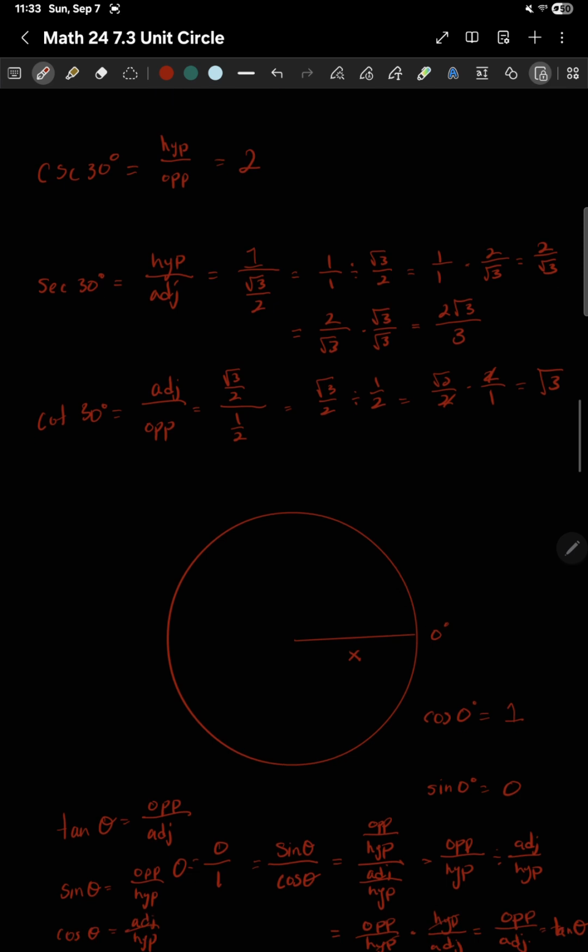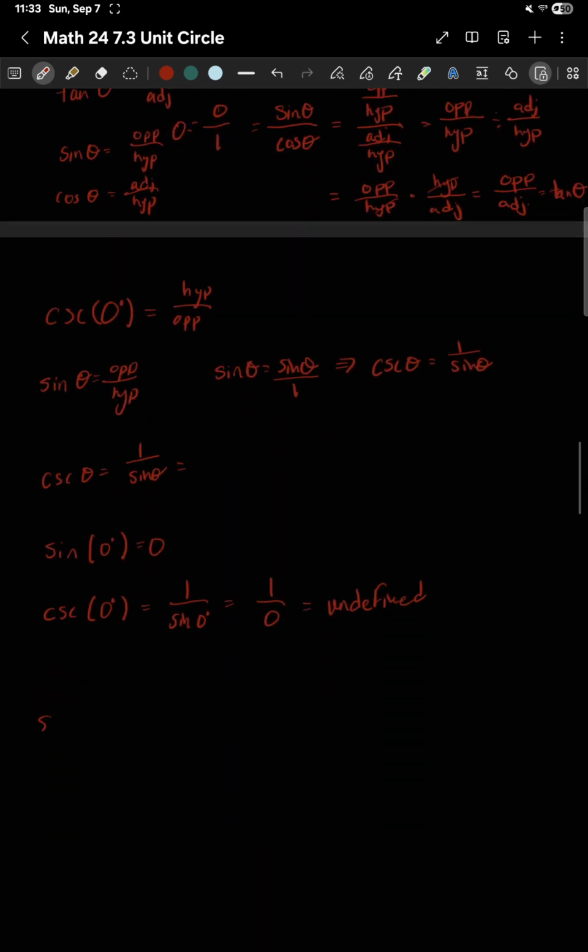Okay, and so we'll do the same thing for secant. So secant of 0 degrees, we want to figure that out, and that's equal to hypotenuse over adjacent. And since cosine of theta is equal to adjacent over hypotenuse, well, secant is just cosine flipped. So just like we did before, we can think of cosine of theta as cosine of theta over 1.